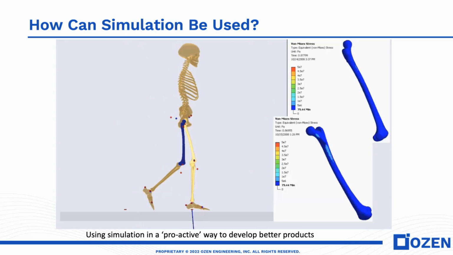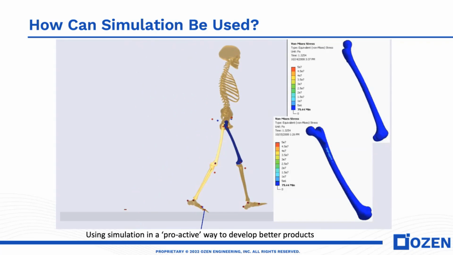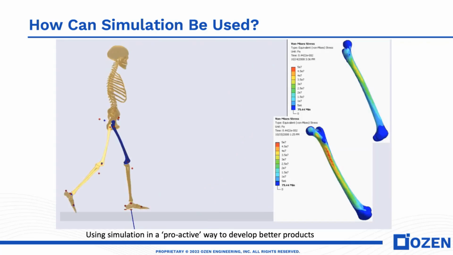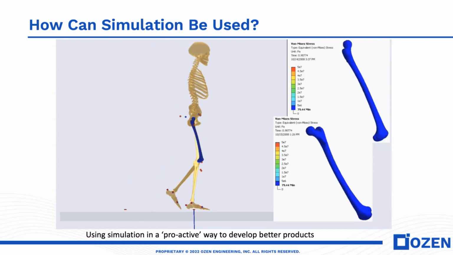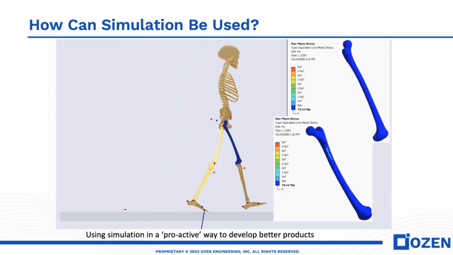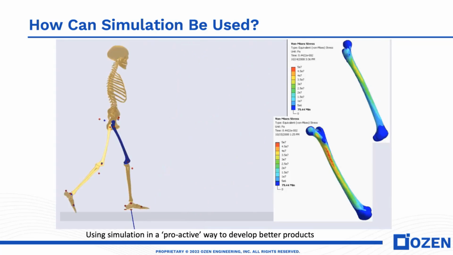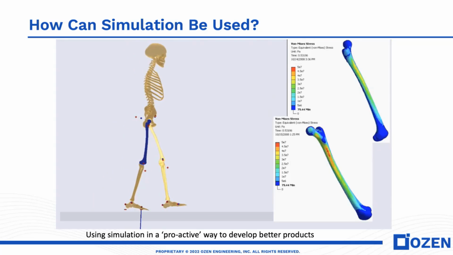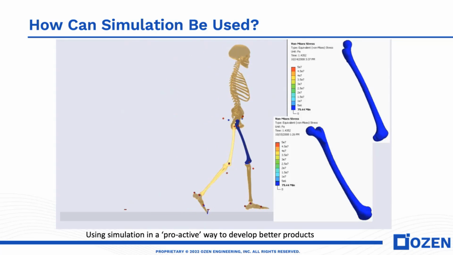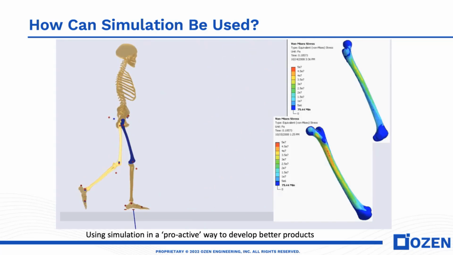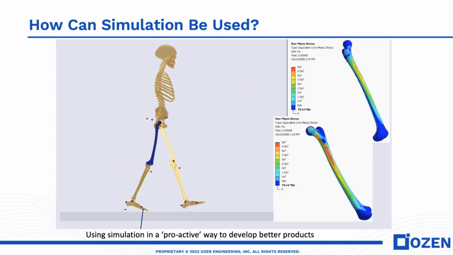The bones are really stiff on the outside, but as we go inside the bone, the stiffness changes, and that type of stiffness change can also be taken care of by changing the Young's moduli of every single element in the finite element model.